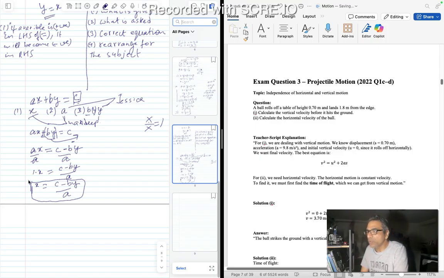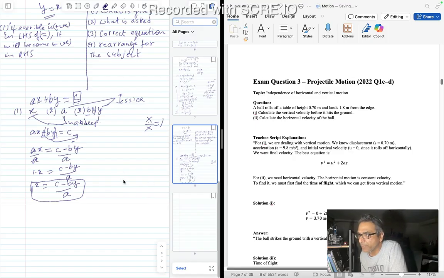Now observe this. What has happened here? We can say that if a variable is in a product, in multiplication on the LHS, it will be in the divisible part on the right hand side.